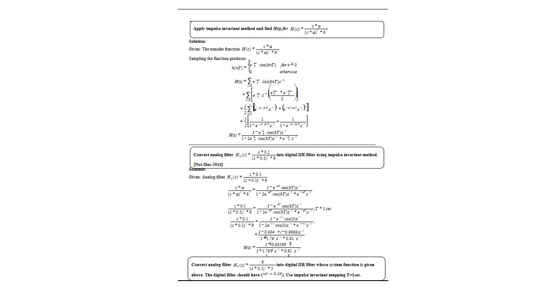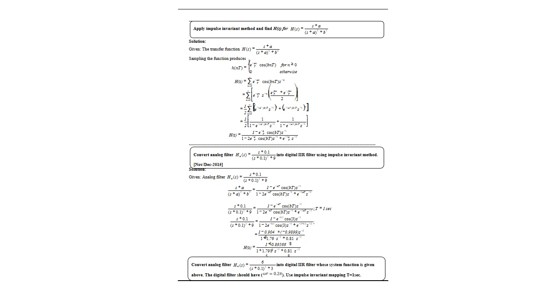So 1/2 summation n equal to 0 to infinity of (e^(-a-jbT) z^(-1))^n + (e^(-a+jbT) z^(-1))^n. So that is 1/2 times [1 / (1 - e^(-a-jbT) z^(-1)) + 1 / (1 - e^(-a+jbT) z^(-1))].